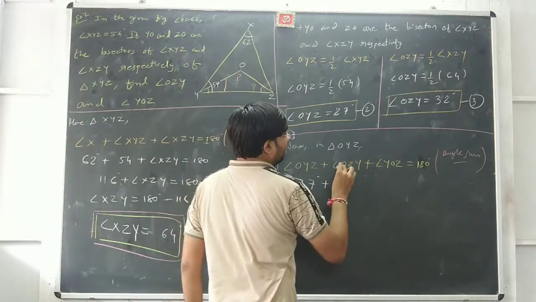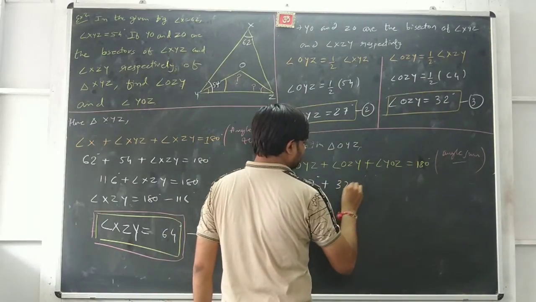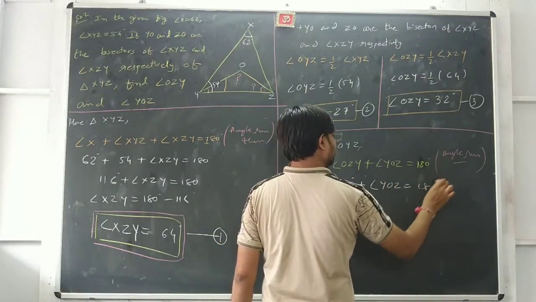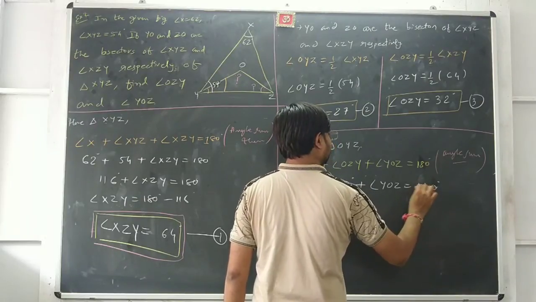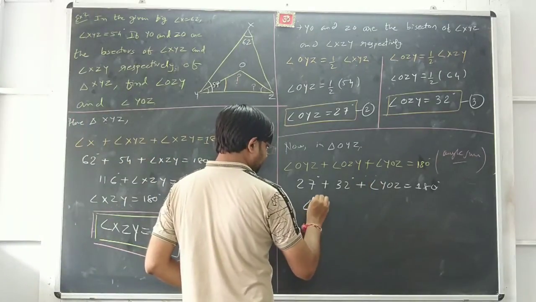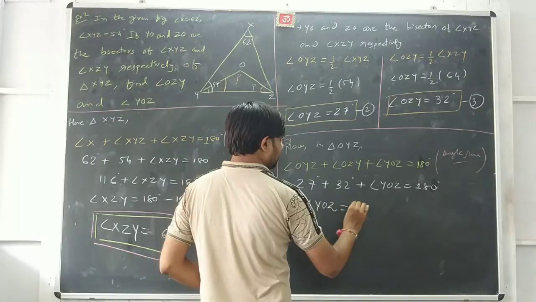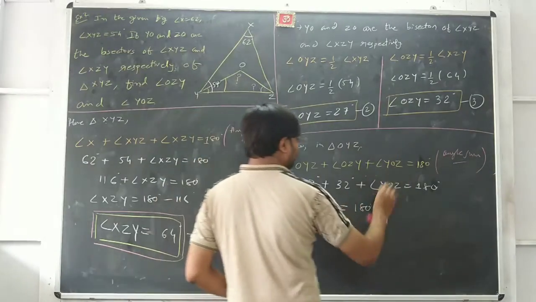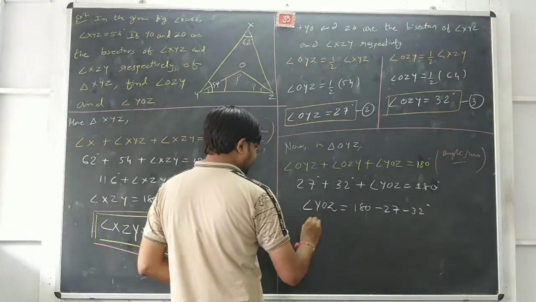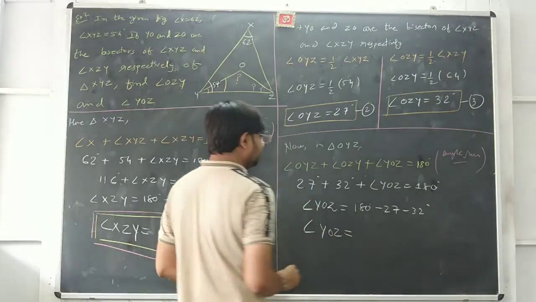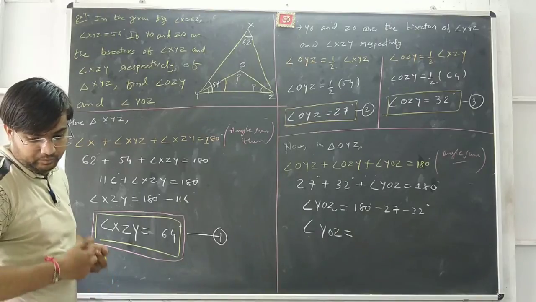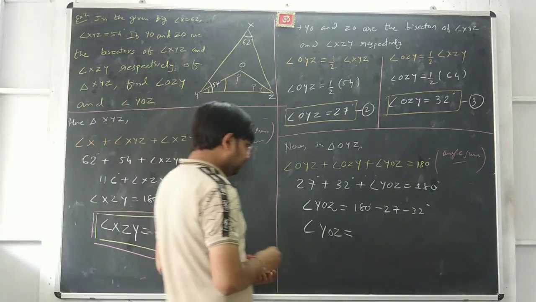Write down OZY is 32 plus angle YOZ is equal to 180. So YOZ is equal to 180, minus 27 and minus 32, and simplify. YOZ is equal to 180 minus 27 minus 32, which is 121.